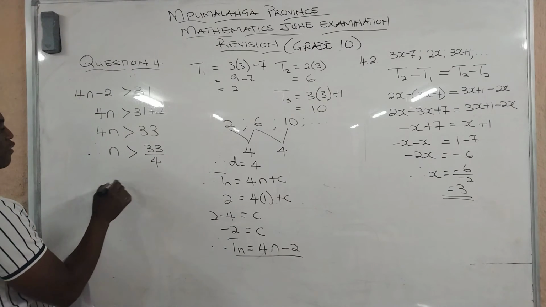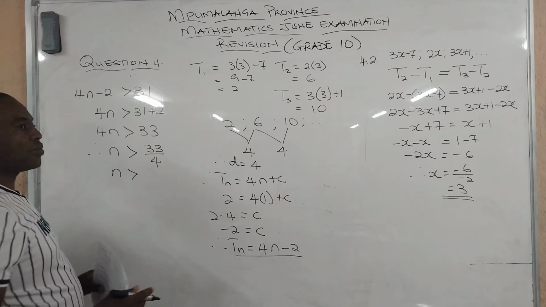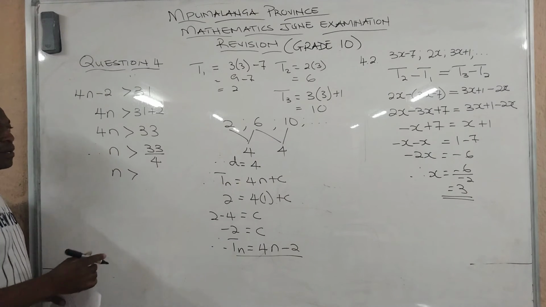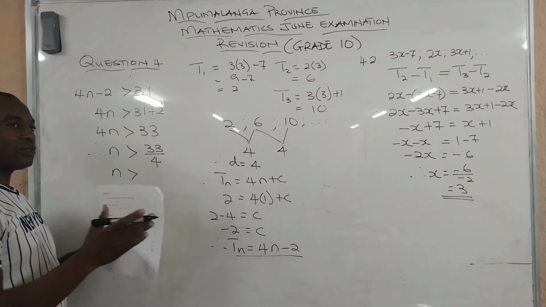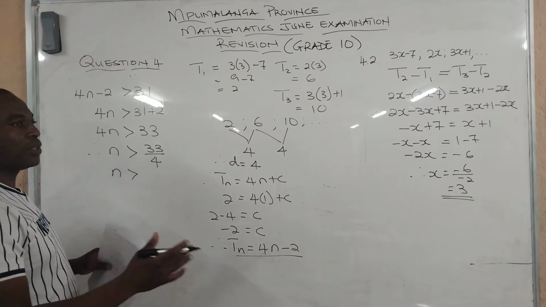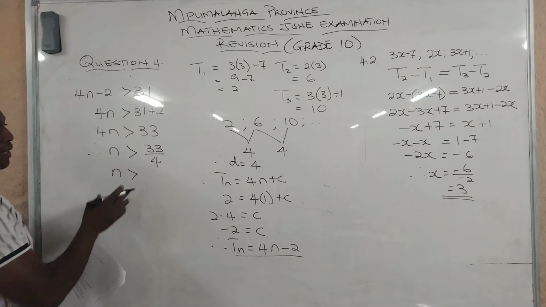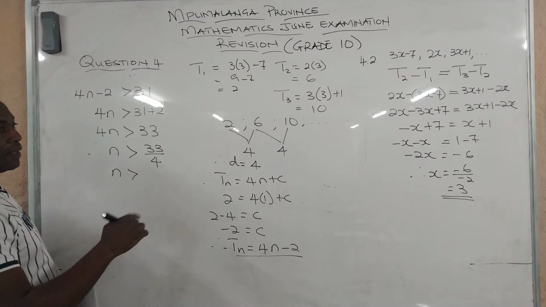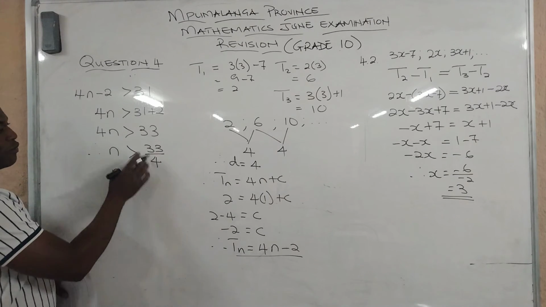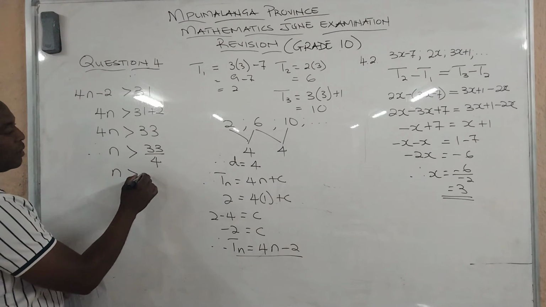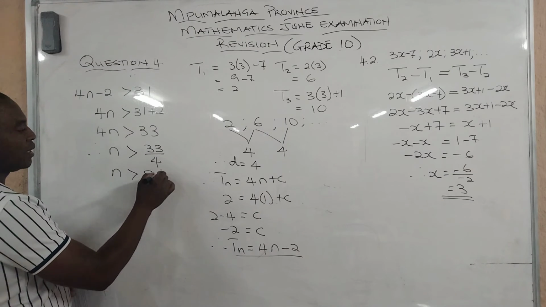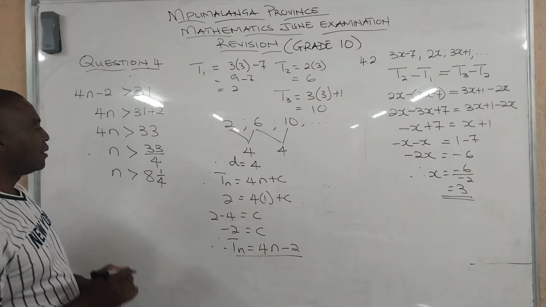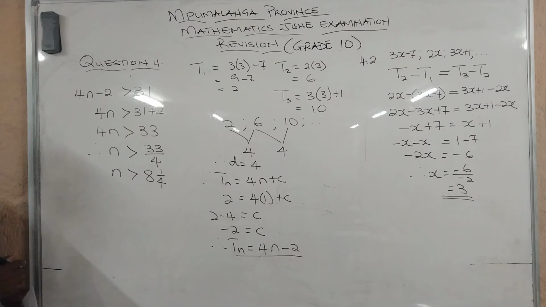And 33 over 4, let's write it as a decimal so that we can see the position of n relative to the inequality and then predict the next term. 4 goes into 33 8 times, leaving 1. That means it's 8 1/4.